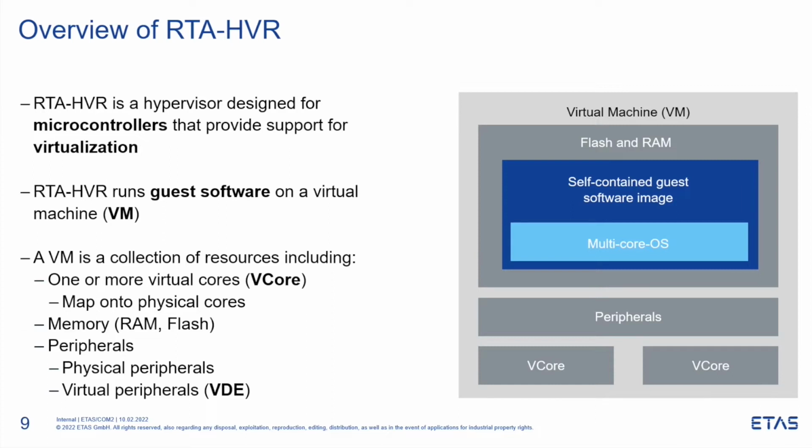The virtual machine also includes memory in terms of RAM and flash, and also peripherals, which are typically handled via direct memory mapping, but in some cases might also include peripherals. So what's going on is, of course, the hypervisor is configuring the MPU to allocate regions to the virtual memory, so that it can use those regions entirely.